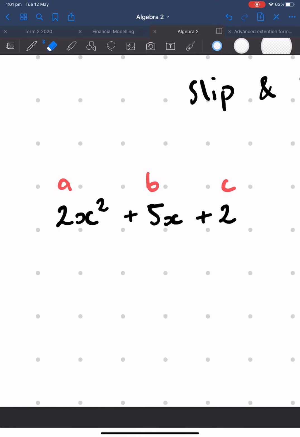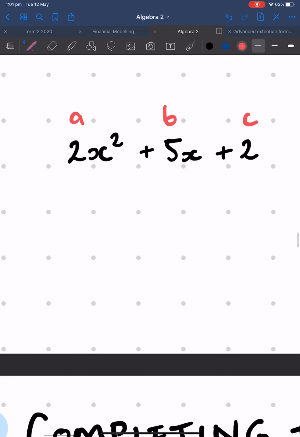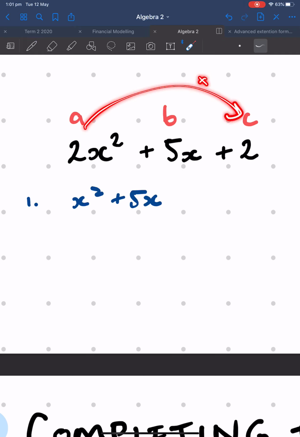Now I'm going to try and remember this, and if not, this is going to be edited out. So the first thing you need to do is rewrite the equation without this a value, okay? But the trick is you're going to multiply that a value into the c value. So 2 times 2 is going to be 4.